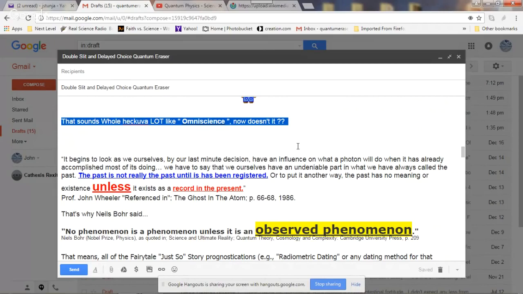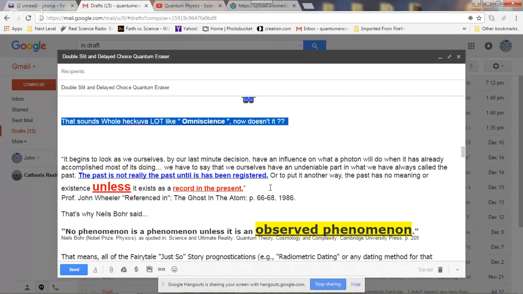Professor John Wheeler, check this out from Professor John Wheeler. This is years before this experiment even took place. These guys knew it. It begins to look as if we ourselves, by our last-minute decision, have an influence on what a photon will do when it has already accomplished most of its doing. We have to say that we ourselves have an undeniable part in what we have always called the past.